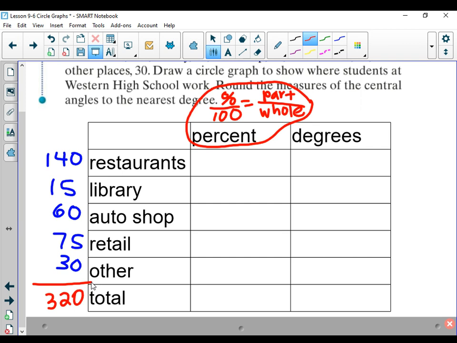So now in each of those boxes, I'm going to have to set it up. What percent for restaurants? We don't know yet. That's what we're going to have to find out. Our percent right now is missing, so I'm going to put a variable there.